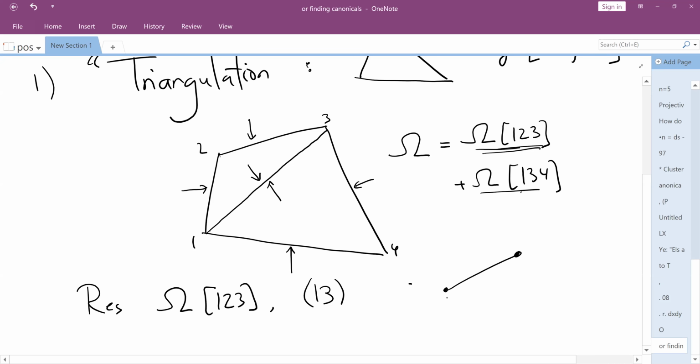It's just the form of logarithmic singularities on this interval 1, 3. So that residue is exactly the same on 1, 3, whether you take the residue from this triangle 1, 2, 3, or whether you take the residue from this other triangle 1, 3, 4.